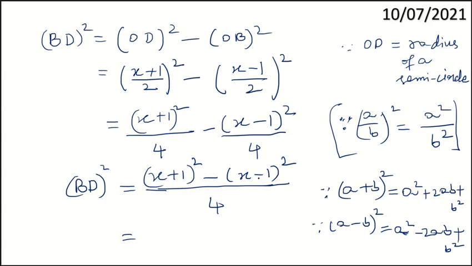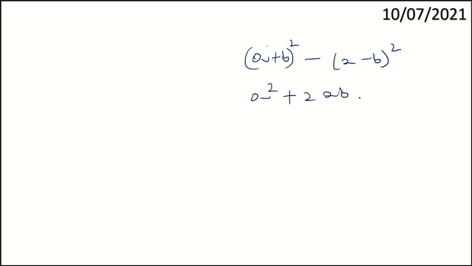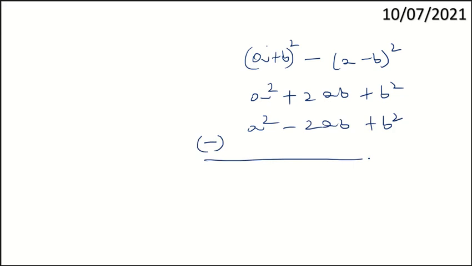Watch it. Using (a plus b) whole square minus (a minus b) whole square, straight away I am using that. That means a square plus 2ab plus b square, from that I have to subtract a square minus 2ab plus b square. I have to do subtraction.